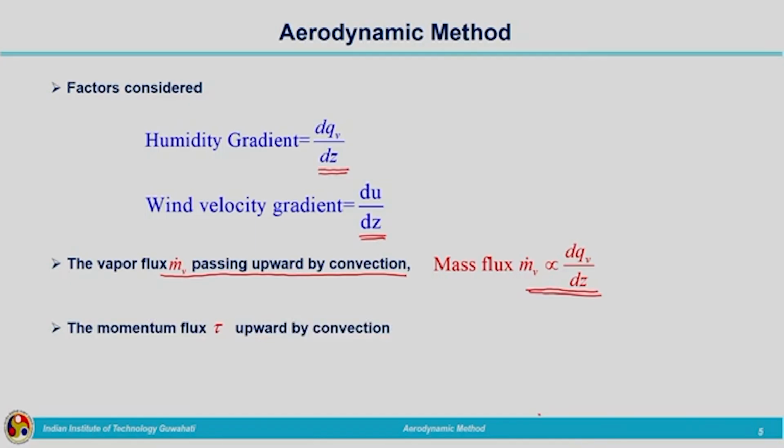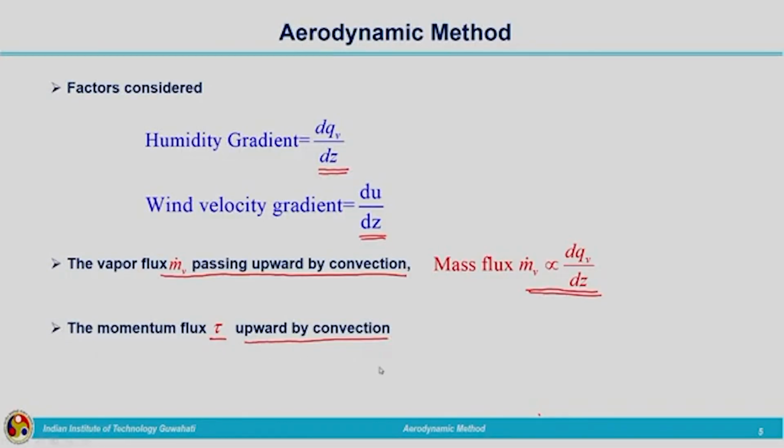Momentum flux is represented by the notation tau. Tau, momentum flux which is taking place in the upward direction, again due to convection. The transport process which we are explaining here is by means of convection. So, vapor flux passing upward by convection we have written, and in a similar way momentum flux is also taking place due to convection, that is written as tau is directly proportional to du by dz.